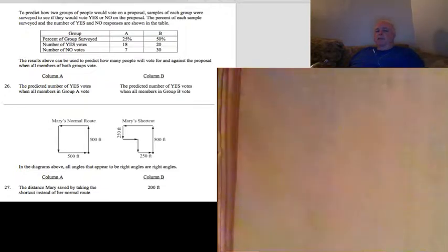And column B is going to predict the number of people who voted yes in group B. How many people would that be? This one is really about reading the problem correctly. It's really not hard mathematically.